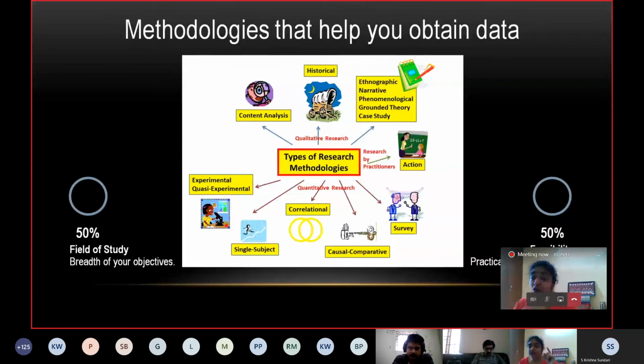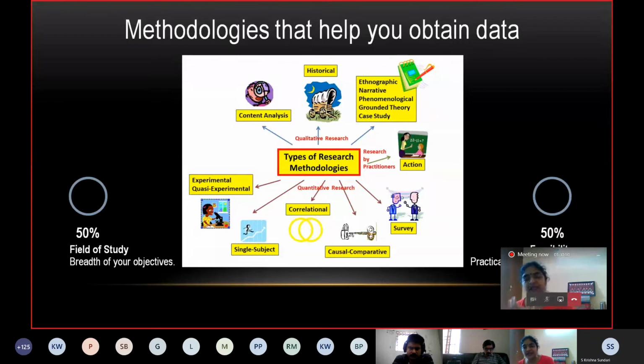50% is the breadth of your objective. That means what do you want to prove at the end of it, whether the data that you have collected is sufficient to prove your point of objective. That is going to carry 50% of weightage. The second one is feasibility.